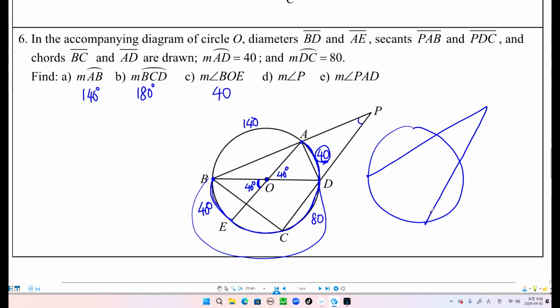So this angle, from this angle is how much? 40 plus 40, this is 80. 180 minus 80, from here to here, 100. Right? So this measure of arc is 40. So this one equals 100 minus 40 over 2, which is 30 degrees. Okay? Angle P is 30 degrees.